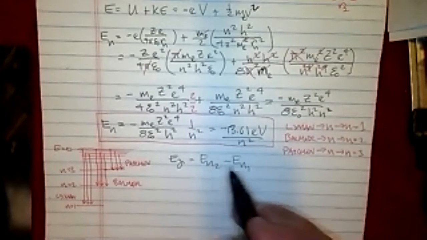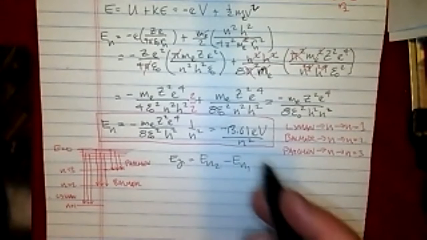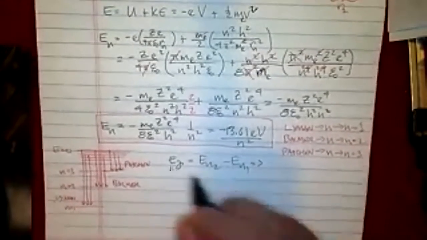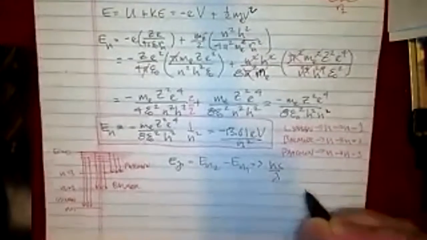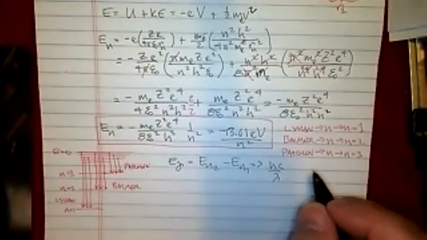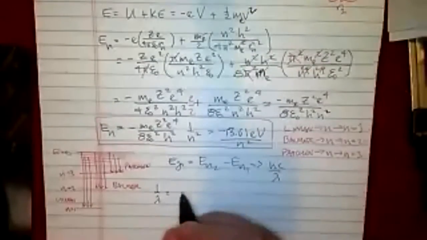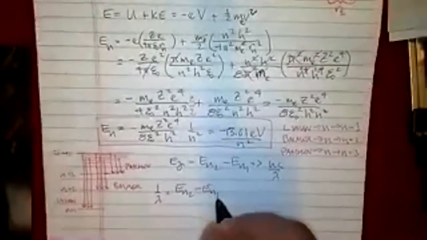But if you actually want the physical thing that we measure, you want either the frequency or the wavelength. So if I want the wavelength, I realize that the energy is equal to hc over lambda, so that 1 over lambda is equal to E n2 minus E n1 over hc.